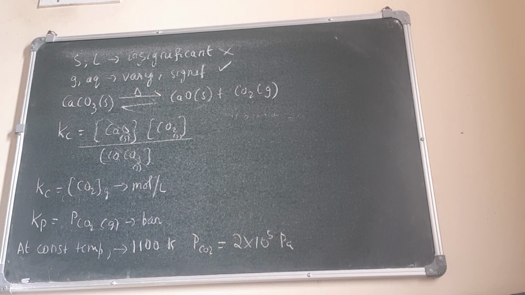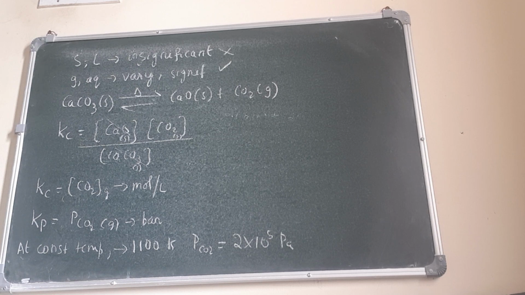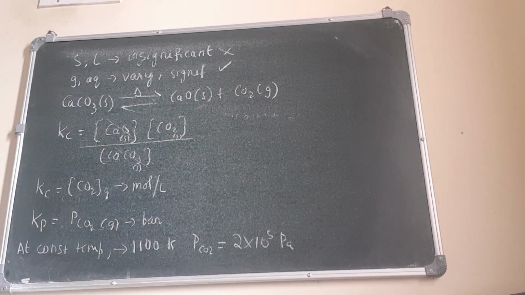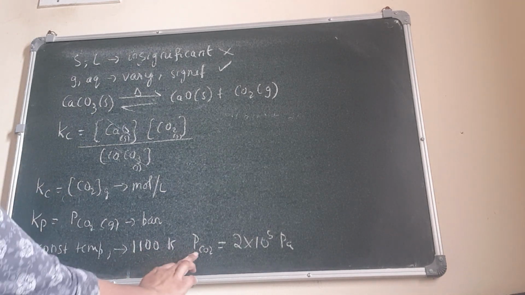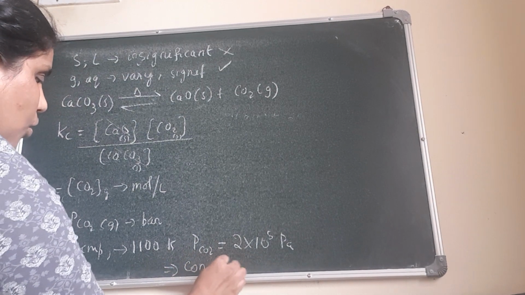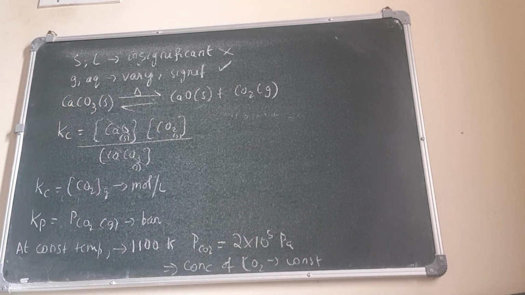If this is the case, what it means is that at this temperature, because the pressure is this much, you can also say that there is a constant concentration of this gas in equilibrium with these two. Or in other words, when this reaction is in equilibrium at this particular temperature, the pressure is now constant, right? I can also say that the concentration of carbon dioxide is also some constant.